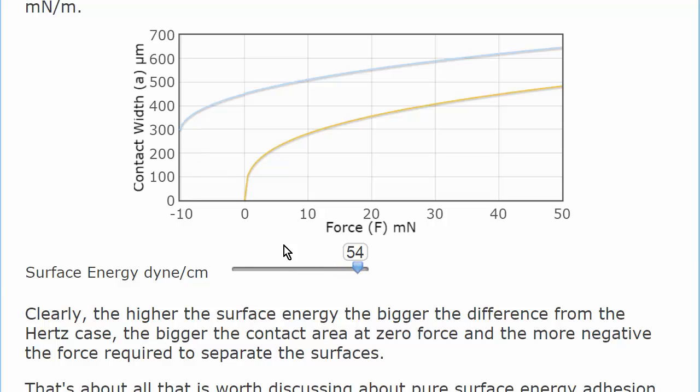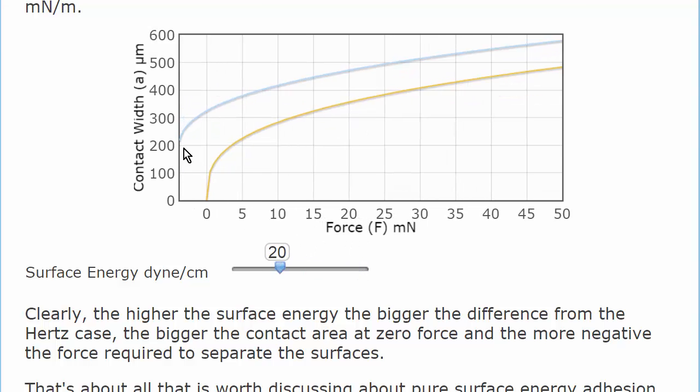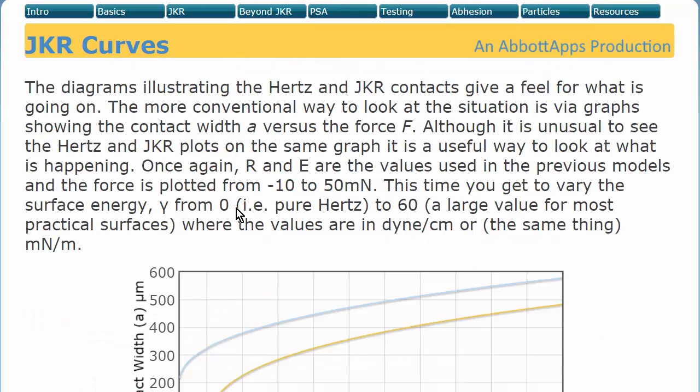So I need minus 10 millinewtons to pull it off when the surface energy is that. When it's low, I need minus 5 or something like that, minus 4. So from this JKR curve, you can start to get to know the pure surface energy. But as I said, surface energy is of no interest to adhesion.